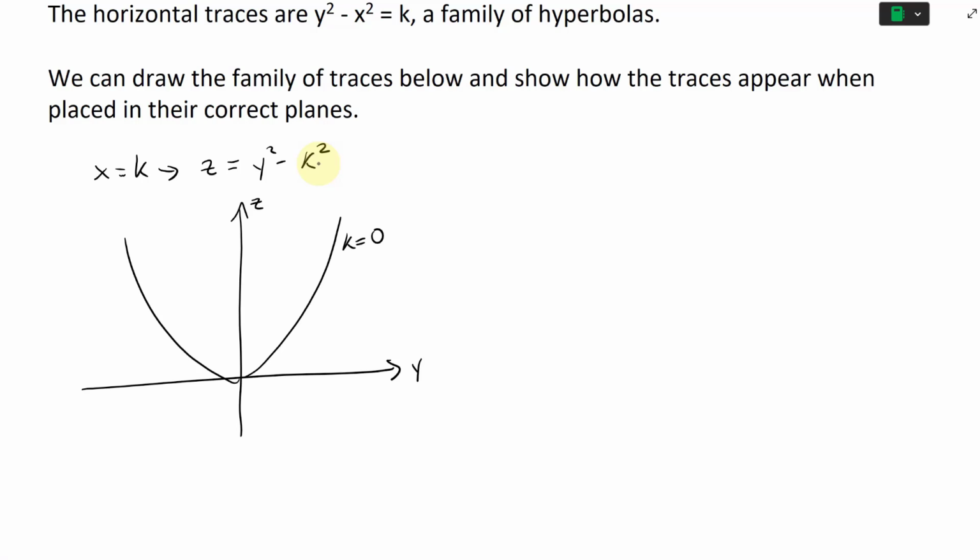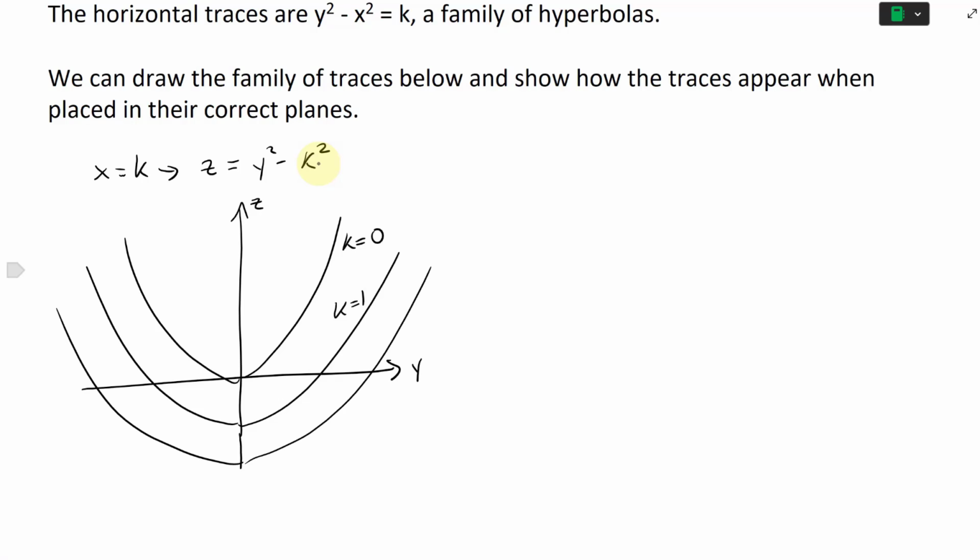Then at k equals 1, this goes to 1, so it's just all parabolas, and we shift this below, like this. We're just going to have another one, k equals 2, or k equals plus or minus 2. And this is because of the square there, so it doesn't matter, it's always going to be the same value if you have plus or minus.